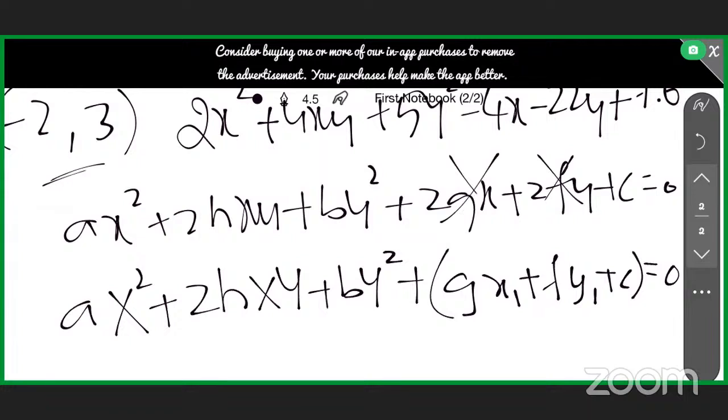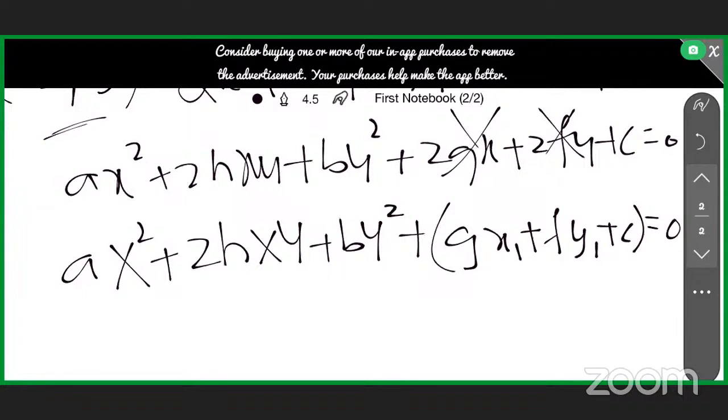I think this is the corollary we learned, third or fourth one. Fourth one, sir.